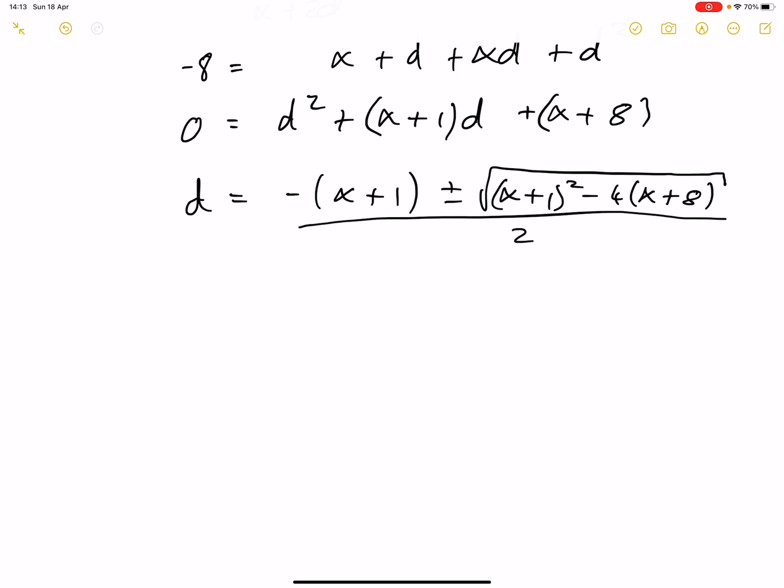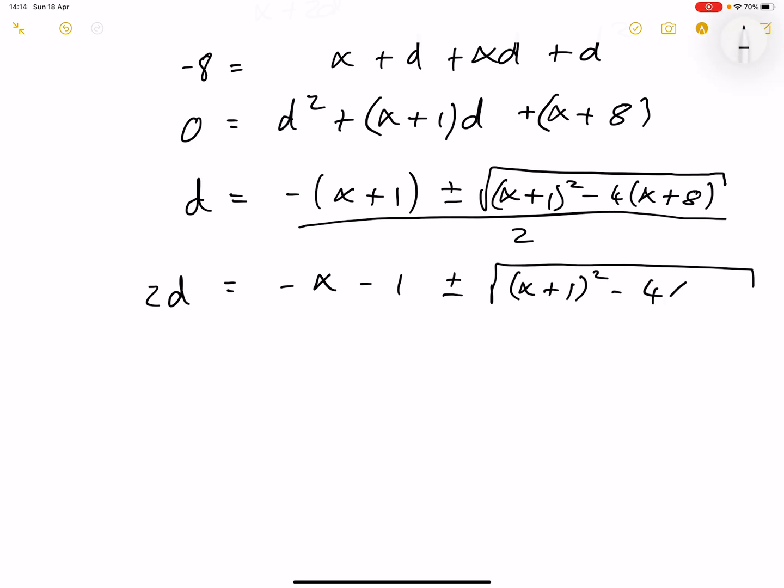Now I'm going to multiply d by 2. So I get 2d, and I'm going to add alpha to both sides. I get 2d is equal to minus alpha minus 1 plus or minus the square root of alpha plus 1 squared minus 4 times alpha plus 8. Let me put that in a bracket. 4 alpha plus 32.